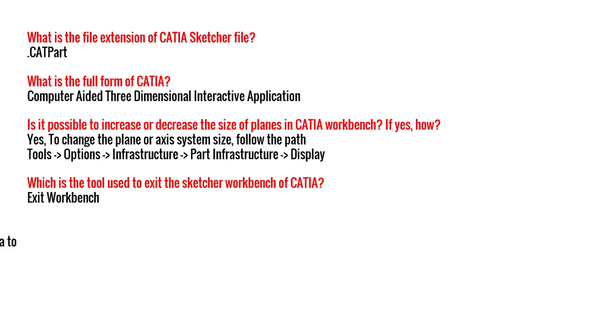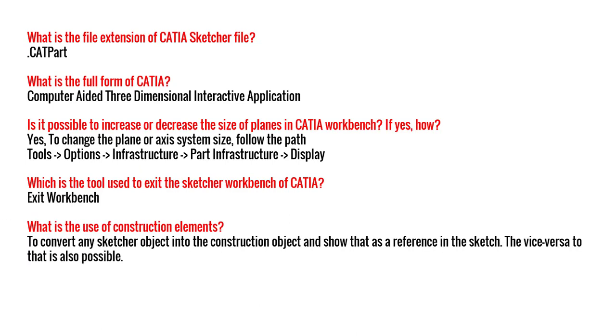Next question can be, what is the use of construction element? Basically, the use of construction element is to convert, or to show a particular object as a construction or reference object. Say I'm using some particular line, some circle, as a reference. That is not part of my sketch.